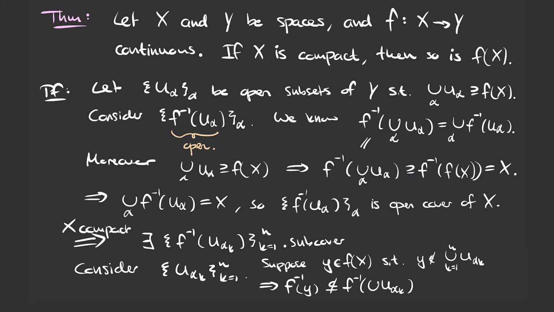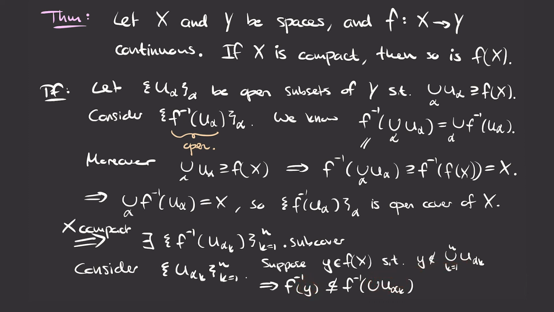The reason for this is that if this preimage of y were contained in the preimage of the union, then if we map forward with f, this would imply that y would be contained in the union, which it is not by assumption.